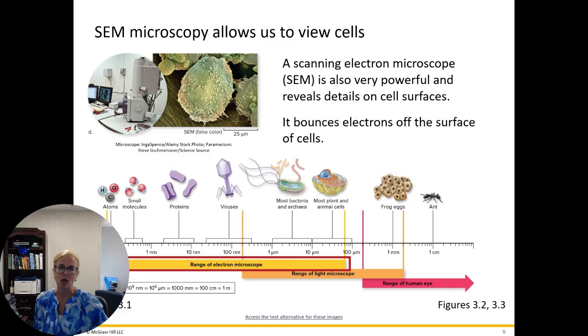Again, these images are black and white, but they can be colorized, which makes them even a little more interesting to look at. It has the same range as the transmission electron microscope. It's just used differently. Again, the disadvantages of scanning electron microscopes: extremely expensive, difficult to operate, and you must kill the organism in order to view it.